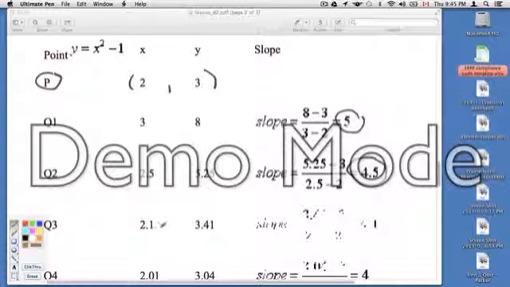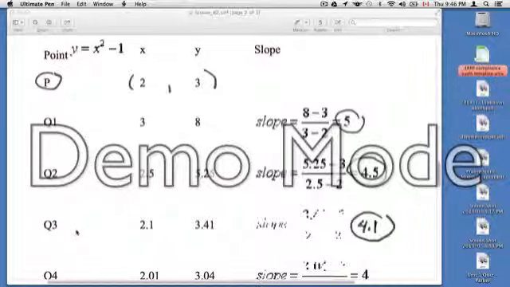And if I went and got even closer, 2.1 and 3.41, and it's kind of messed up here, but you would get a slope of, I think it's 4.1. And really, 2.1 and 3.41 as 1 point and 2, 3 is my other point. They're getting pretty close together.